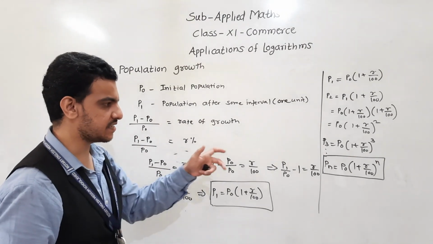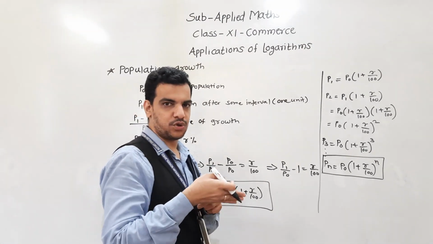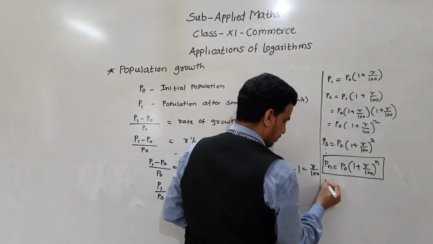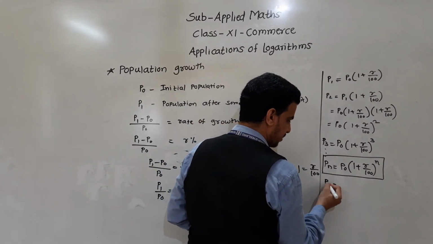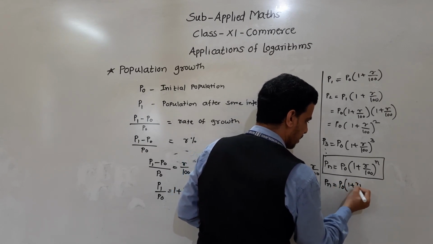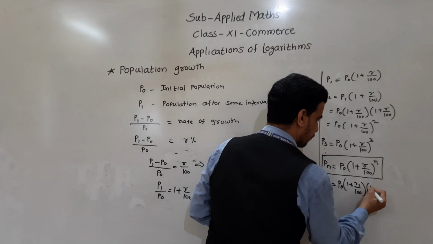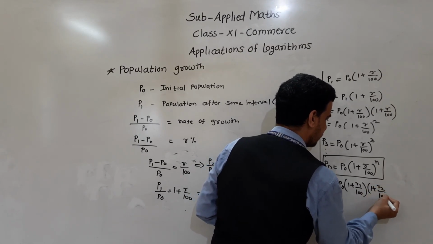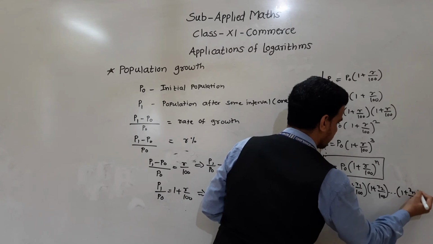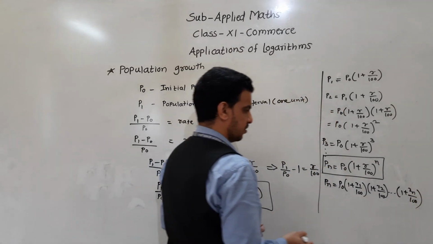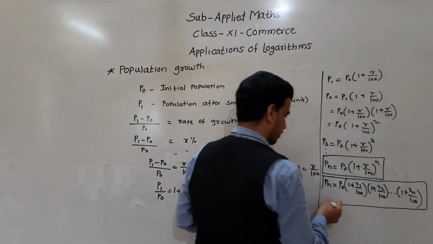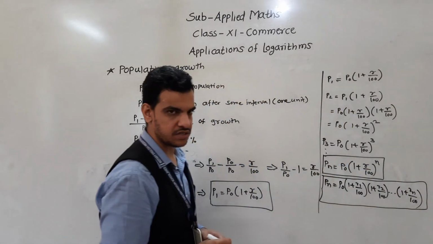Okay, and suppose the rate of growth is different for each year, then the formula is Pn is equal to P0 into (1 plus R1 by 100) (1 plus R2 by 100) up to (1 plus Rn by 100). Okay, this we have already learned in compound interest.